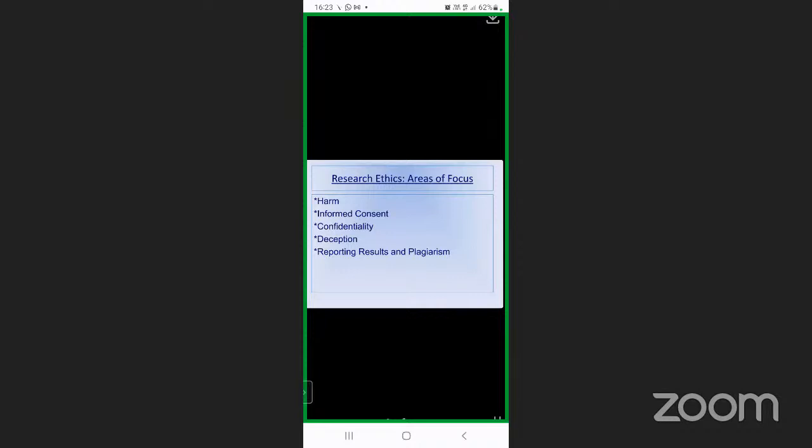Okay, so for citations, for writing the citation, for collecting the references, for collecting the data, the ethics has been mentioned.